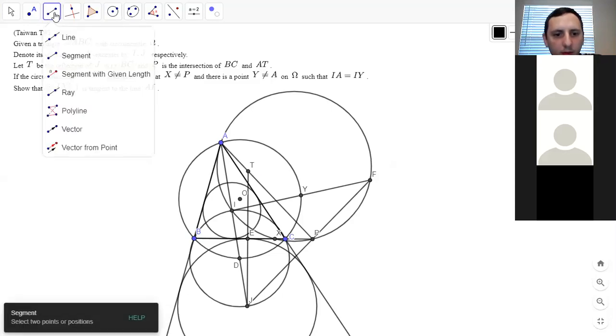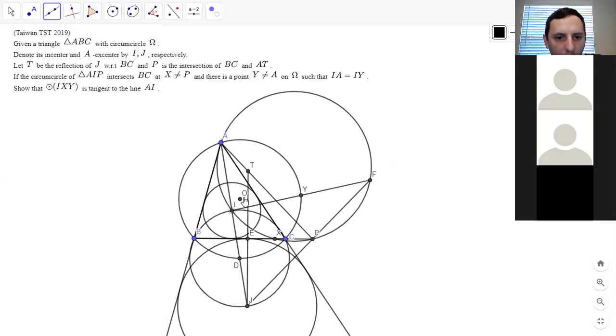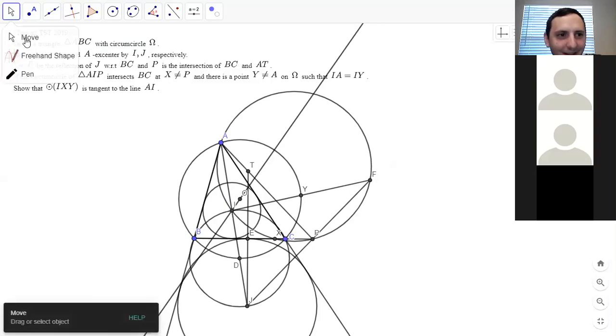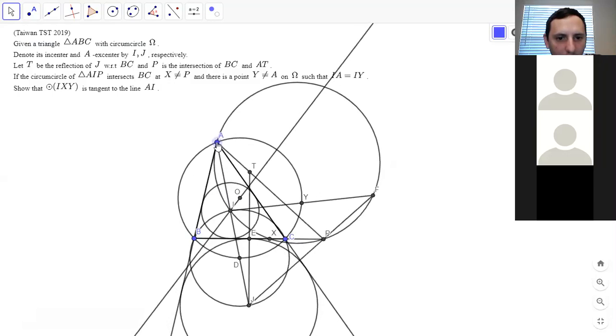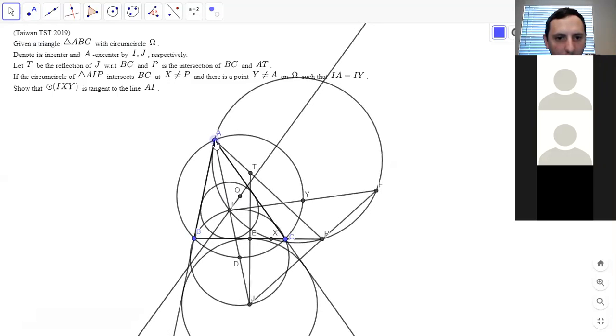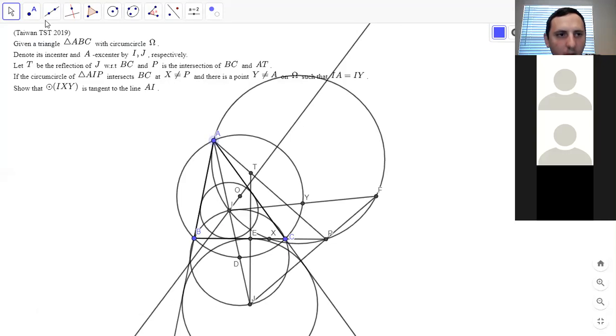Yes. Oh, they meet at that point. Yeah, and I think they're going to be cyclic because of what we found. Okay. So OI and JT, so this point right here.